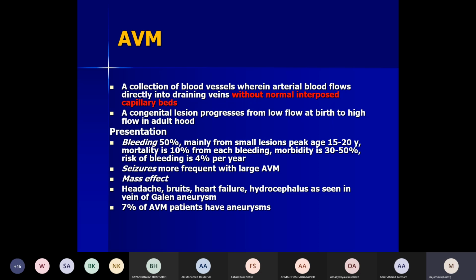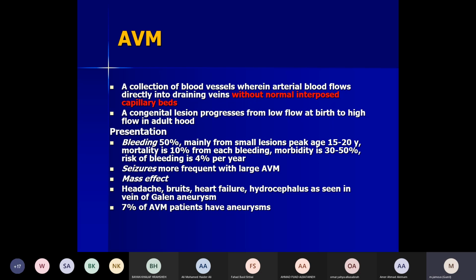As you know, normally the main arteries drain into a capillary network, and this capillary network drains to venous blood. In case of AVM, we don't have the normal capillary network. We have abnormal vessels.